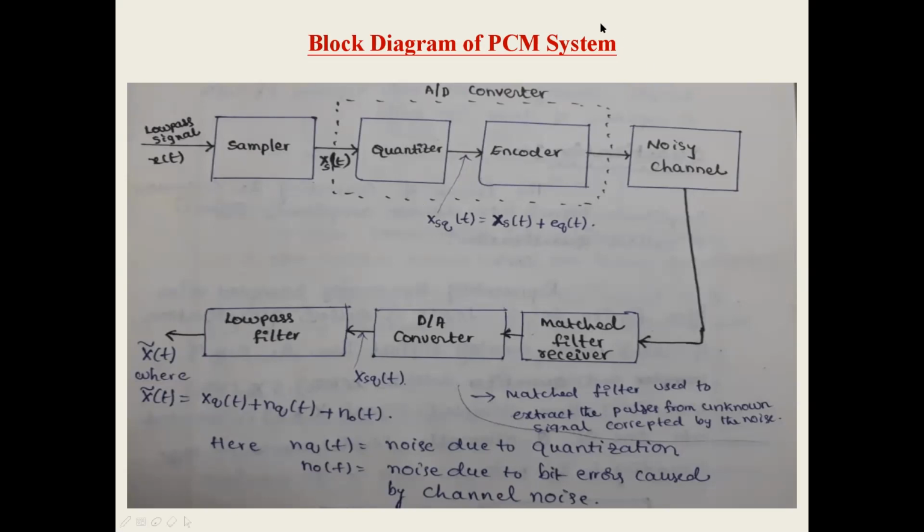Now those ones and zeros are passed through the channel, which is a noisy communication channel. In this noisy communication channel, we generally place a number of regenerative repeaters. These regenerative repeaters are used for removing the noise which is added in the channel itself.